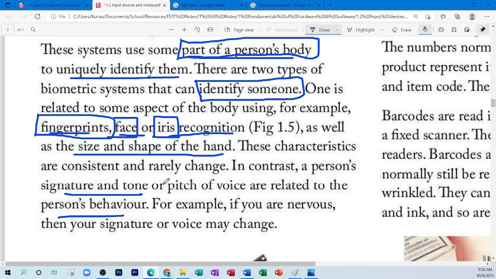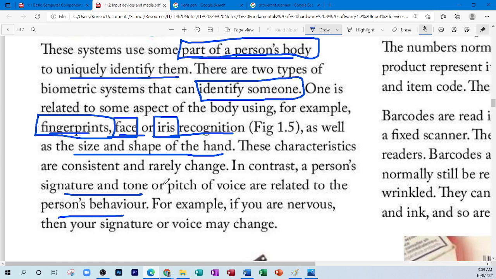Sir, the main reason I said face recognition isn't good is because some people look alike. Right. So that's the disadvantage of face recognition. The persons look alike.